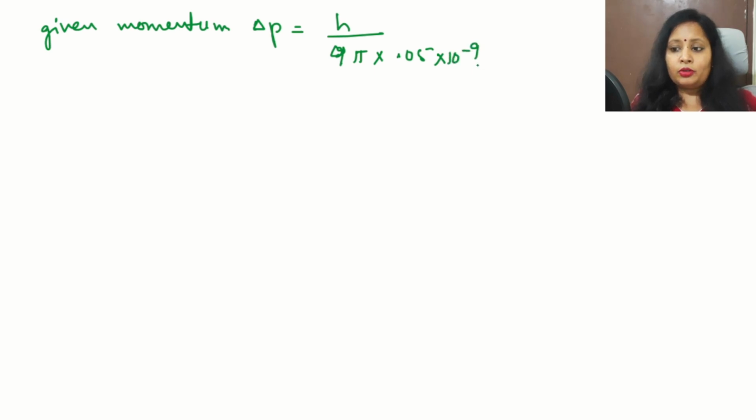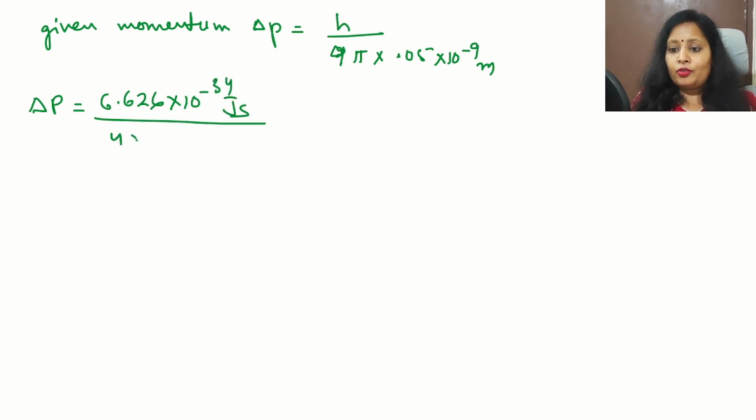We again change it into meters. So del p is equal to 6.626 into 10 to the power minus 34 joule second, divided by 4 into 3.14 into 0.05 into 10 to the power minus 9. From here again we do the calculation and we'll get the answer.